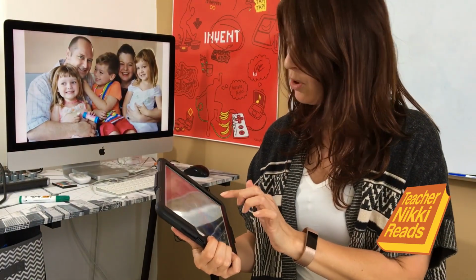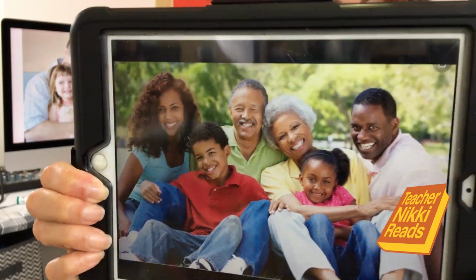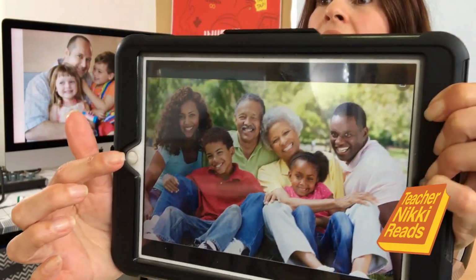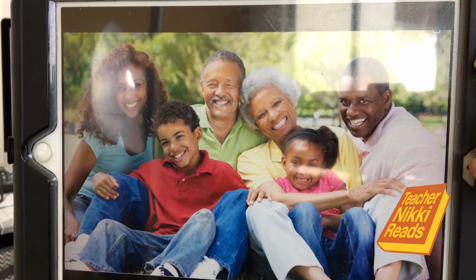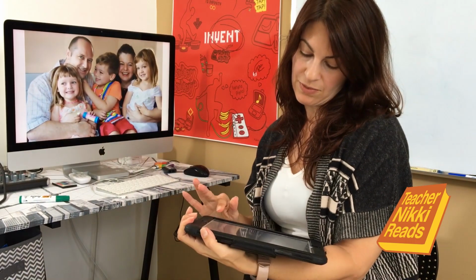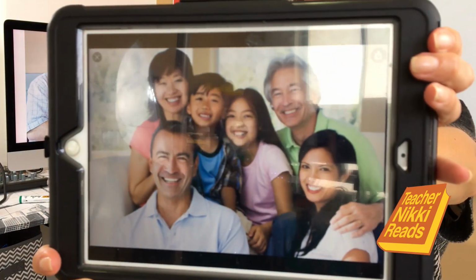What else do I have? Wow, this is a big family. We have the grandma and the grandpa and mom and dad and the kids, the brother and sister. It's a nice family photo. Here's another family photo.